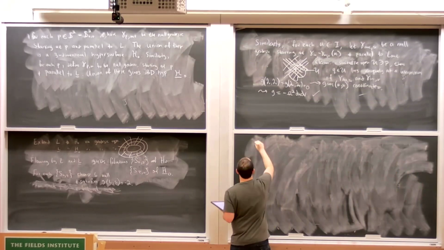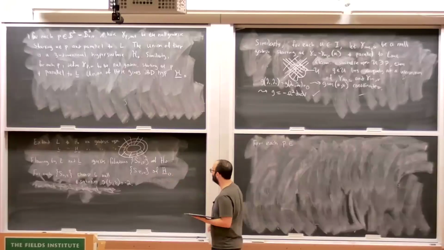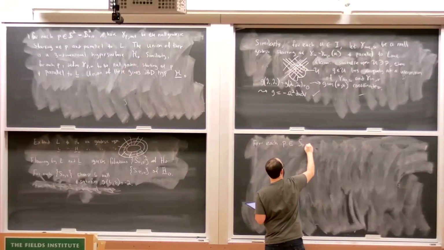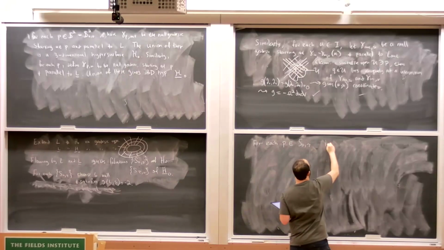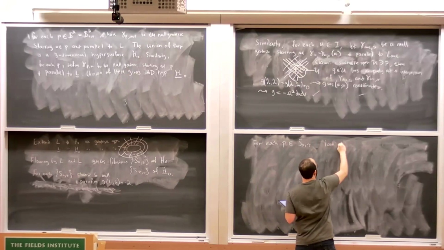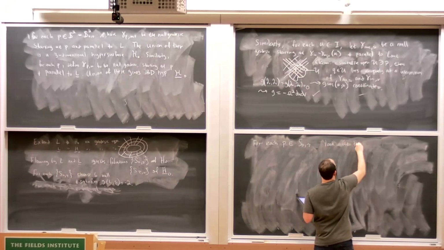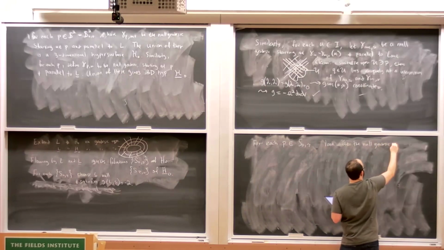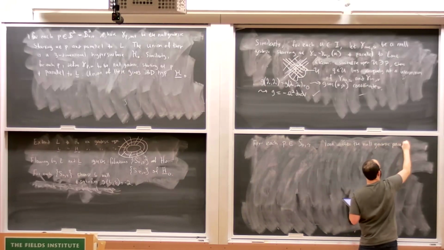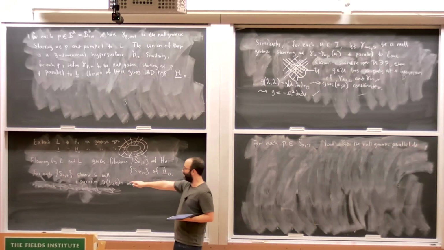All right, so for each P in each of those spheres, I can look at the null geodesic parallel to this other null vector.